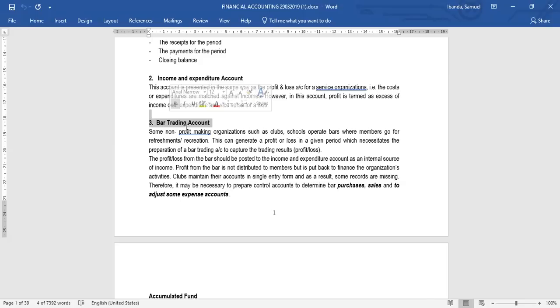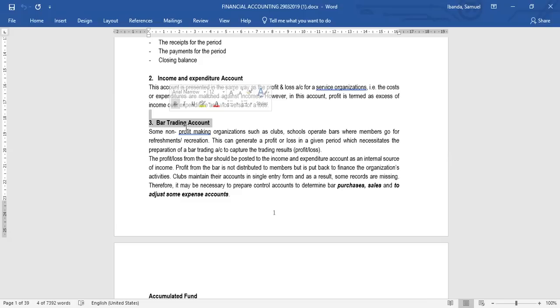Now, with us knowing that any non-for-profit running a profit business for those reasons, what we do is we draw up a separate trading account for them, okay?